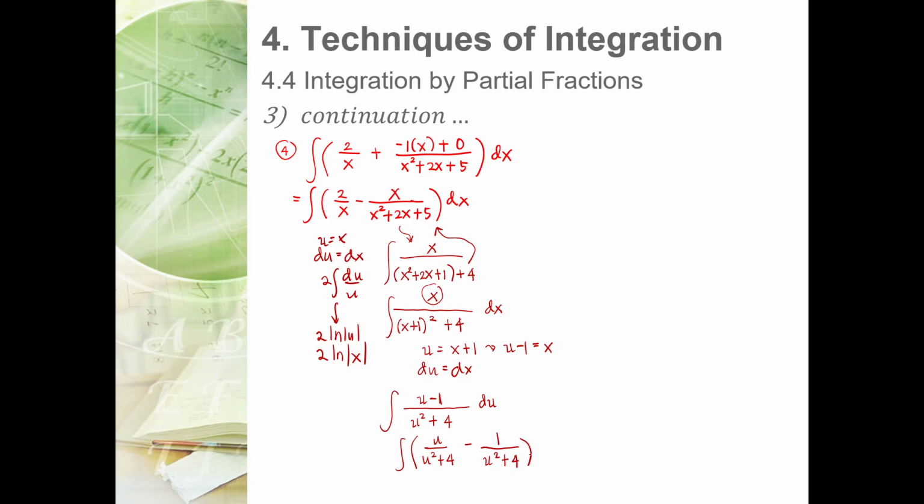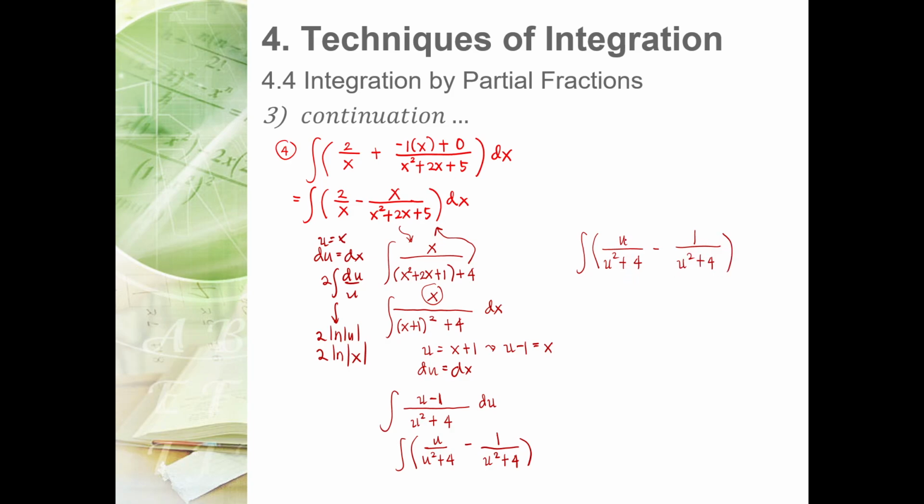Notice that we can do this basic concept here. Let's write it again on this side. We have the integral of u all over u squared plus 4, then minus 1 all over u squared plus 4.